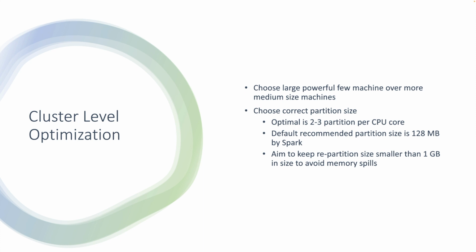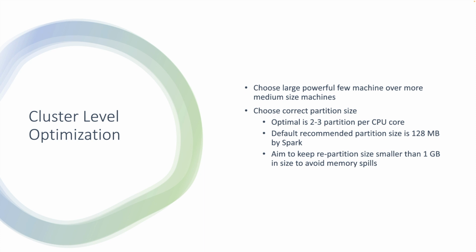That would give you better performance and better chances of avoiding the memory spill compared to going with the initial rule of 2 to 3 partitions per CPU core. That rule is optimal in terms of doing tasks, but on the other hand, if you want to avoid the memory spill, then the optimal size is 1 gig or less, right?